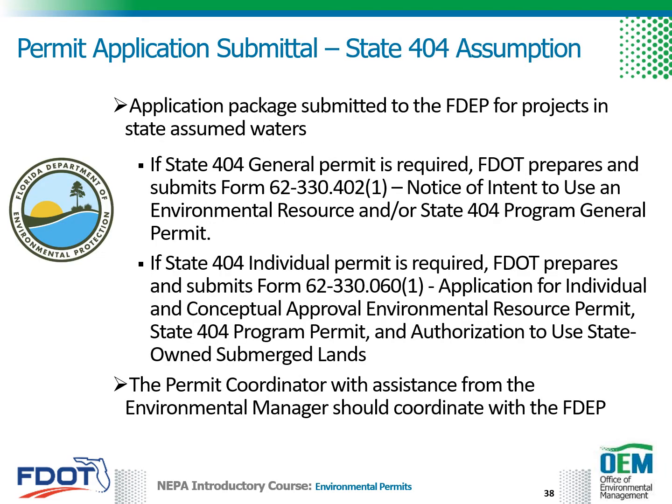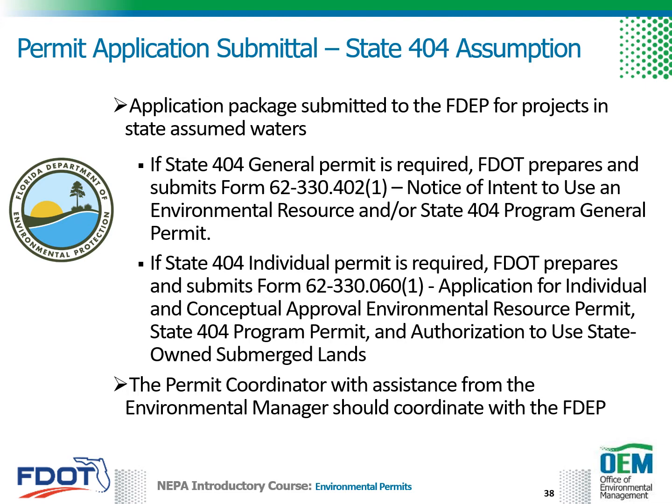For projects in state-assumed waters, permit applications are submitted to FDEP. For projects where a State 404 general permit is required, FDOT prepares and submits Form 62-330.4021, Notice of Intent to Use an Environmental Resource and/or State 404 Program General Permit.